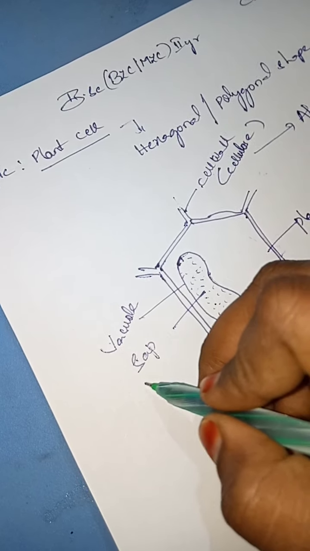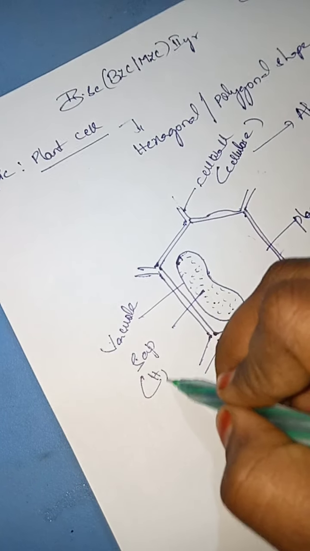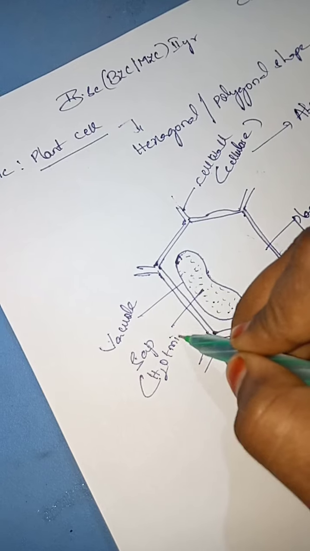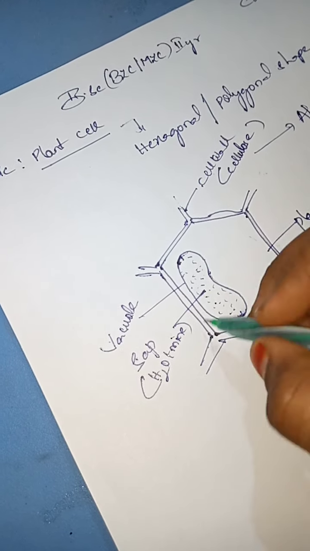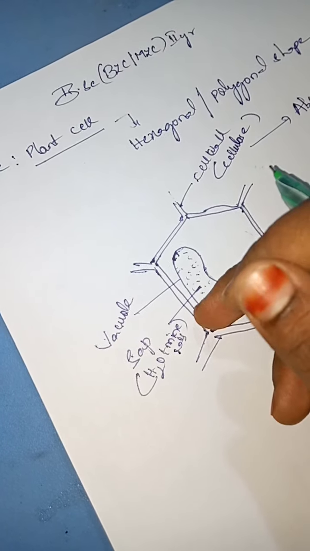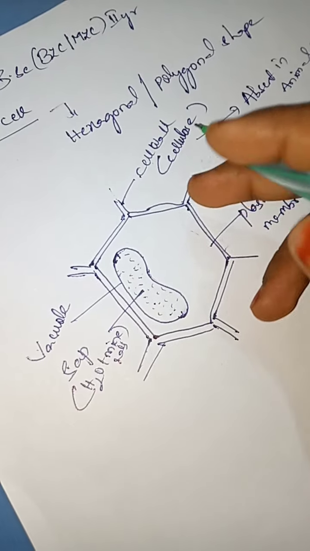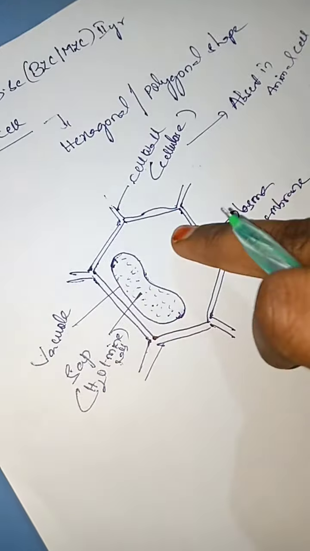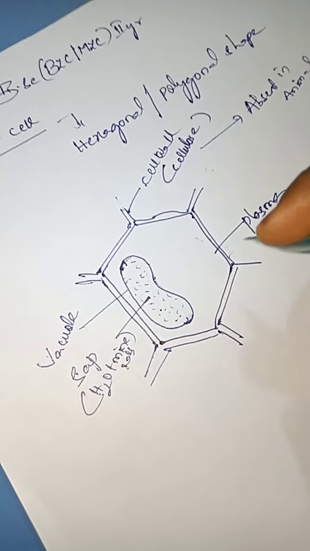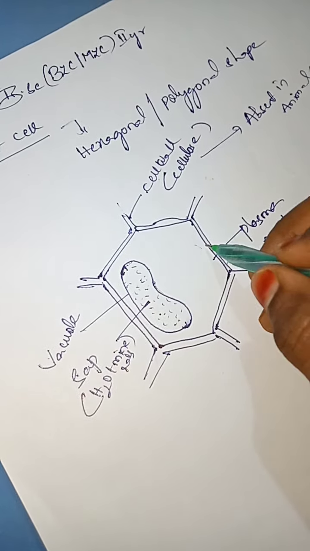That sap consists of what? H2O, water plus minerals. Water and minerals. Coming to the next structure, sorry, here I forgot to say about a pit.